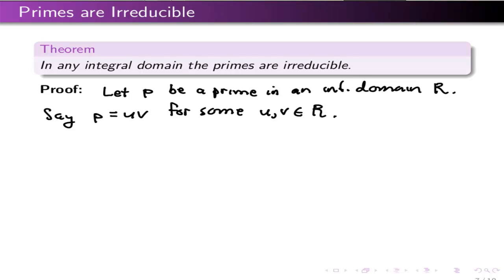Our goal is to show that the only way I could factor P is if one of these two objects is a unit, U or V is a unit.